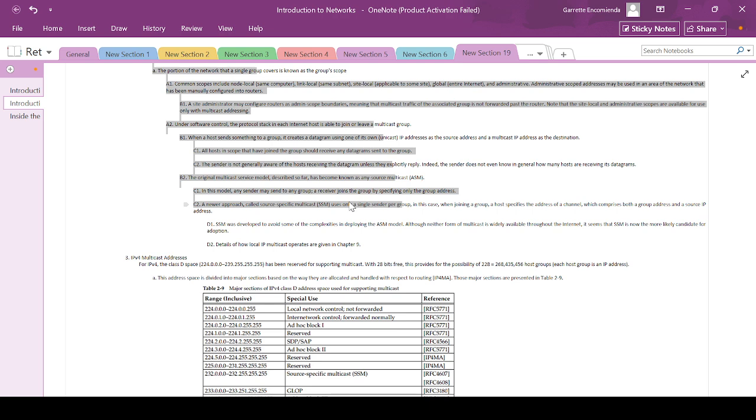The original multicast service model described so far has become known as any source multicast, or ASM. In this model, any sender may send to any group. A receiver joins the group by specifying only the group address.